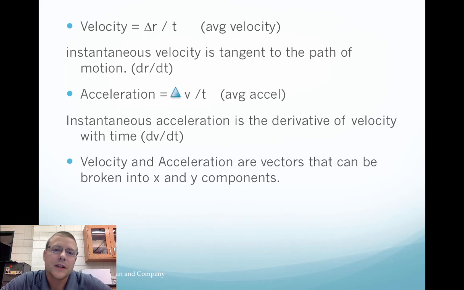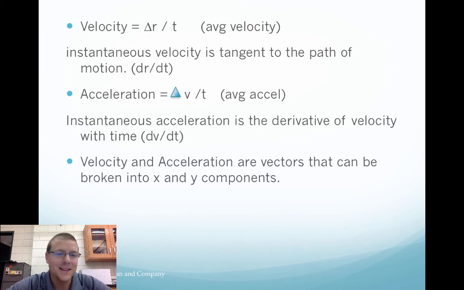Like we said, the velocity is the change in displacement over time. To find the instantaneous velocity, just take the tangent line of that path, or take the derivative of your position vector with respect to time. Same with acceleration. Acceleration is the change in velocity with respect to time.